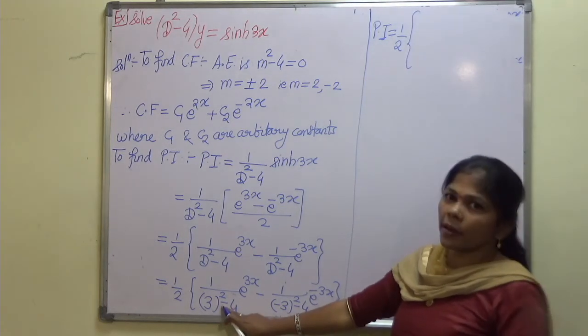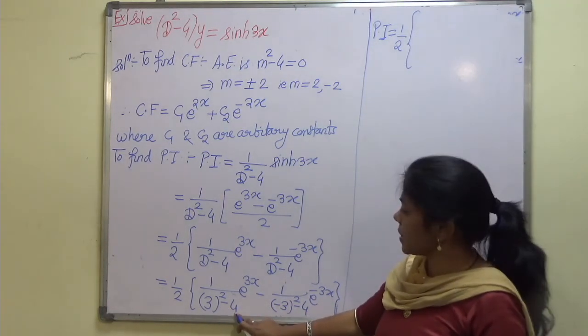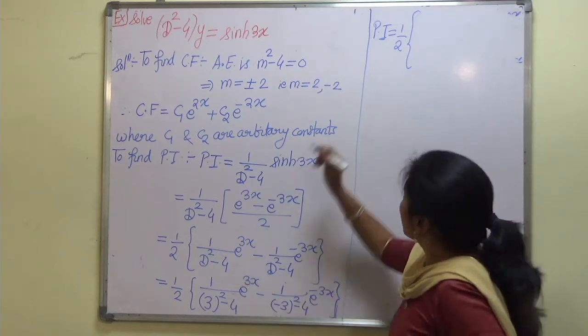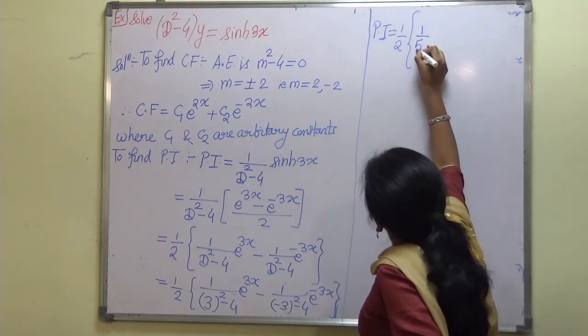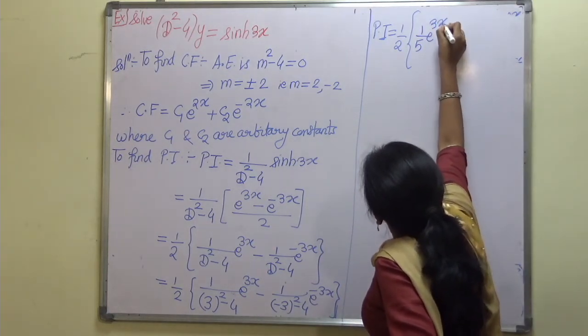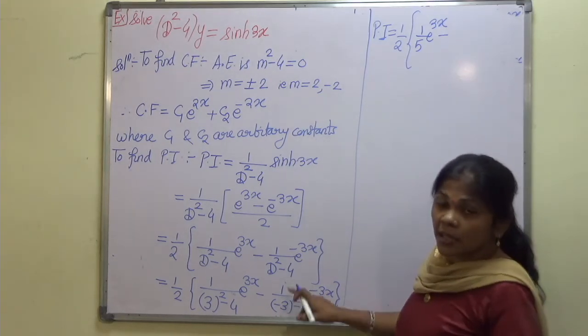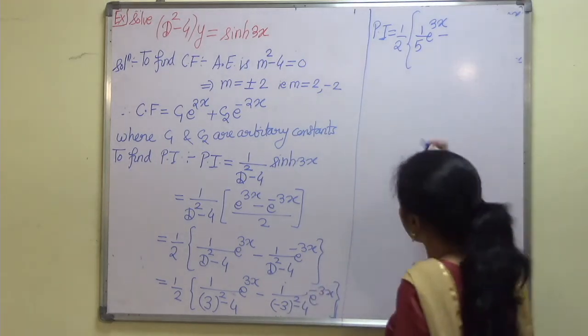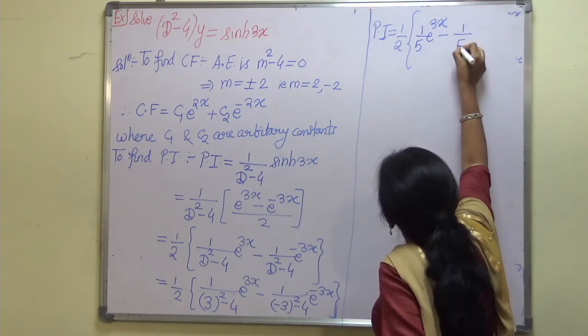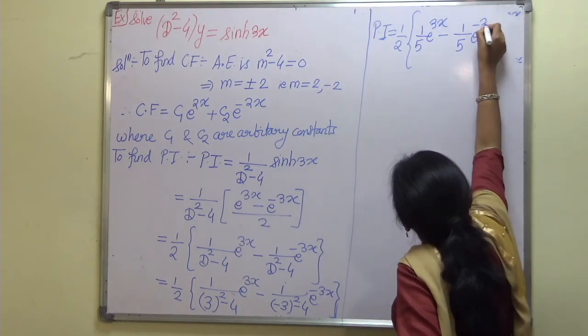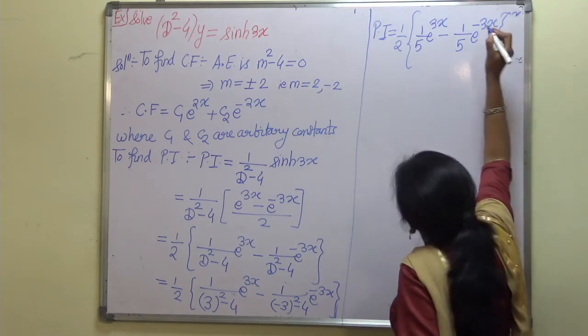Now 3 square is 9. 9 minus 4, 5. So 1 by 5 e raised to power 3x. Then here it is again minus 3 square is 9. 9 minus 4 is 5. So 1 by 5 e raised to power minus 3x.